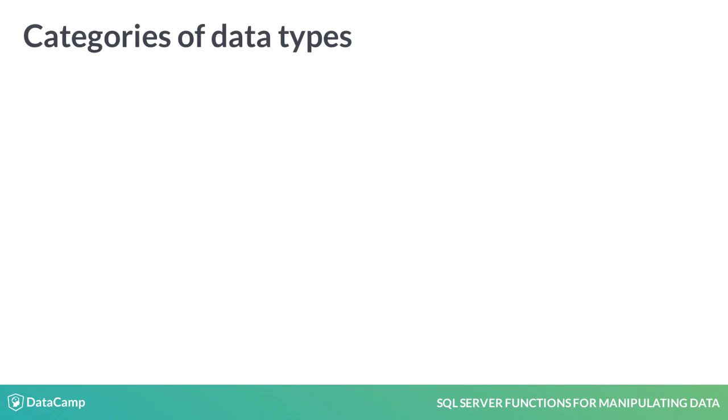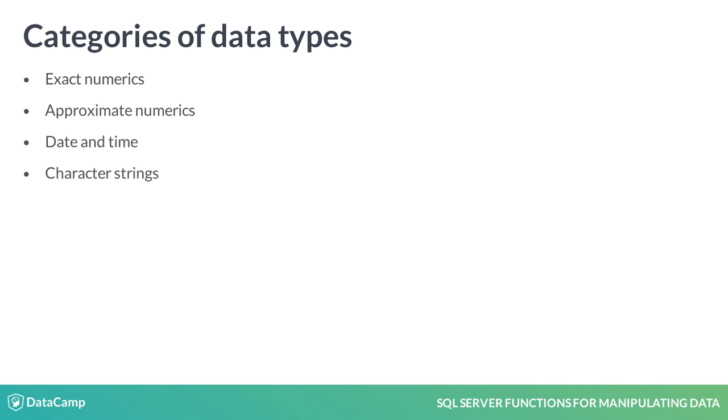In a database system, each column, local variable, expression, and parameter has a data type. SQL Server provides a set of data types you can use to define exact numerics, approximate numerics, date and time, characters, Unicode strings, binary data, and other types.